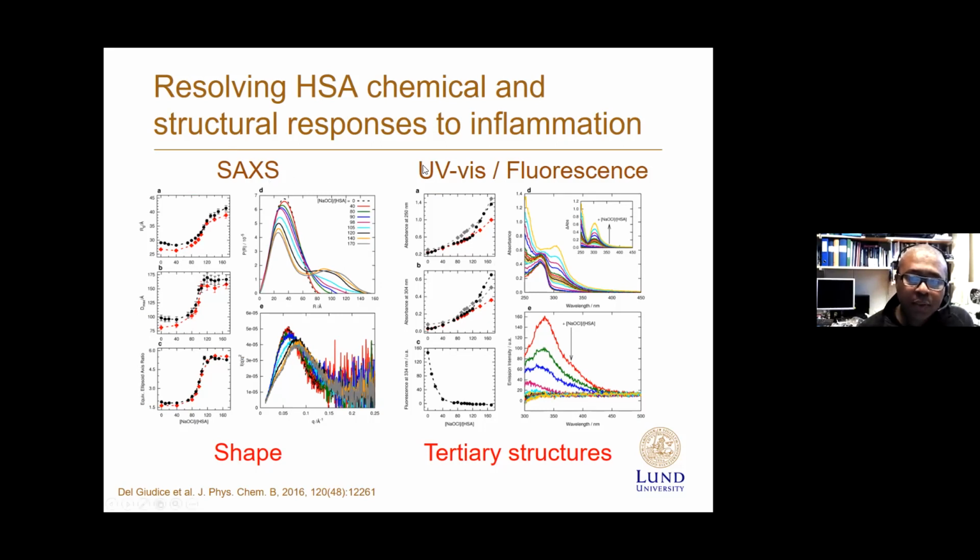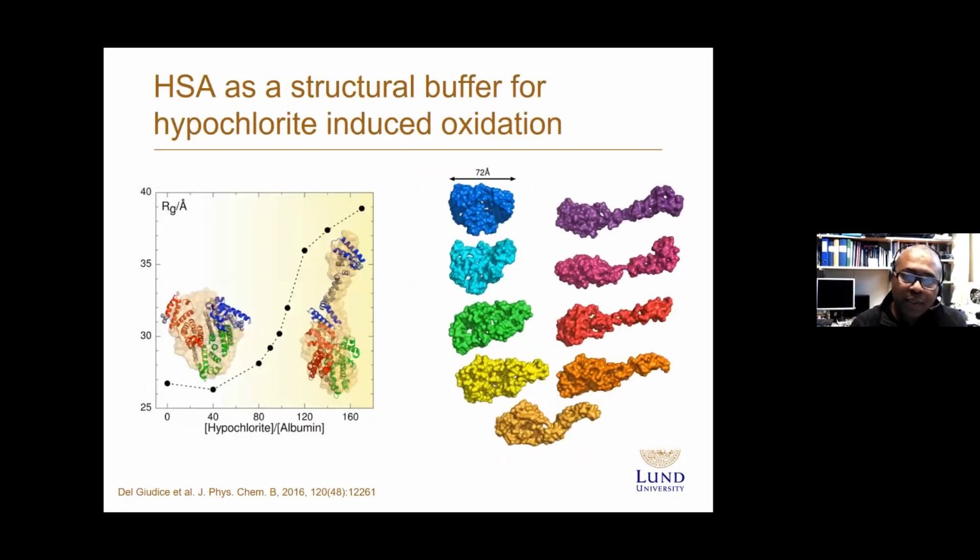But since you're doing the UV-Vis simultaneously, you also get some effect on the tertiary structure. So you see some shifts in the UV absorbance, and then in the fluorescence, you also see some quenching as well as some shifts. And what was interesting is the combination of the three techniques allowed us to put together a hypothesis that the human serum albumin acts actually as a structural buffer for the hypochlorite-induced oxidation.